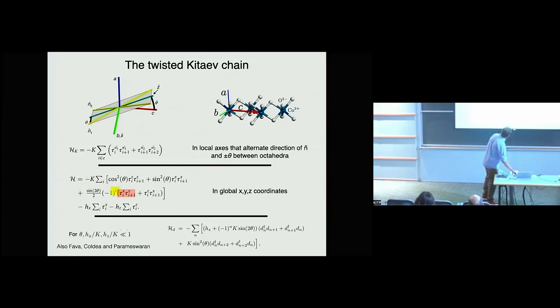And we can get more insight if you work in the limit of very small twists. So we ultimately fit the spectrum to an effective twist of this local axis of 17 degrees, but let's work in the limit of very, very small twists just to get insight. It's almost the normal Ising model in transverse field then, and you can see this -1 to the n factor cropping up, and this thing in the prefactor here, that's the transverse field times this term here, which is alternating sign from site to site.